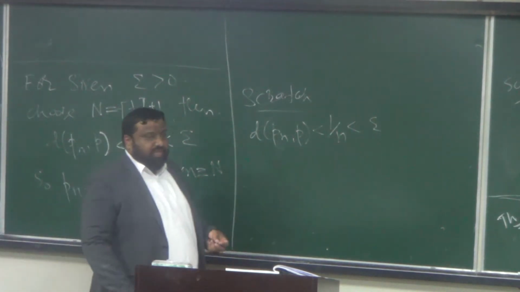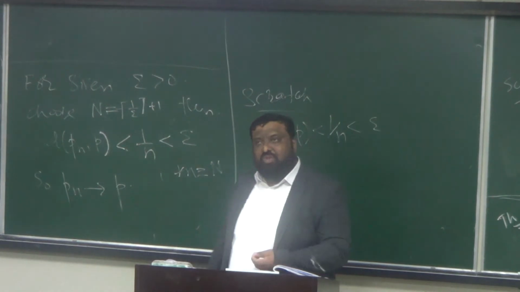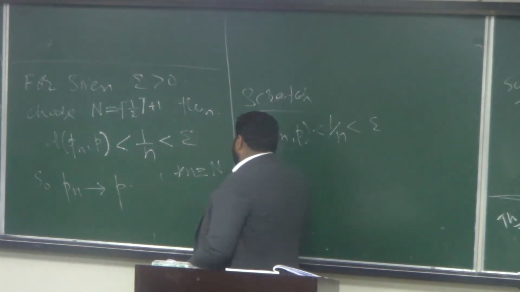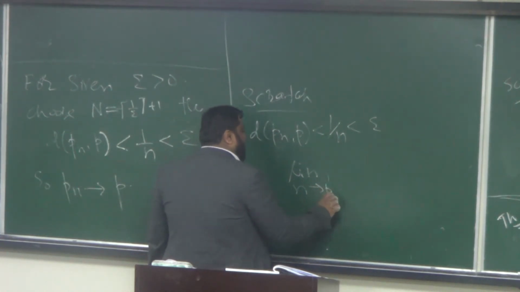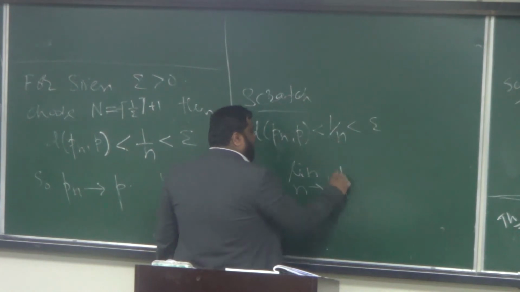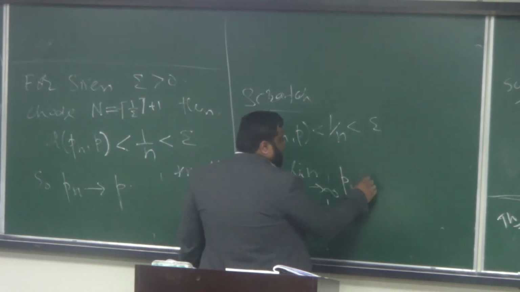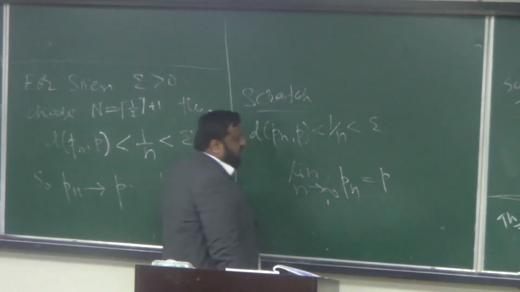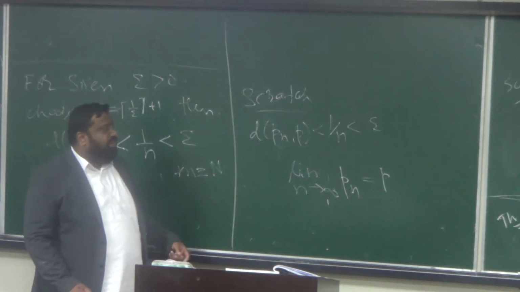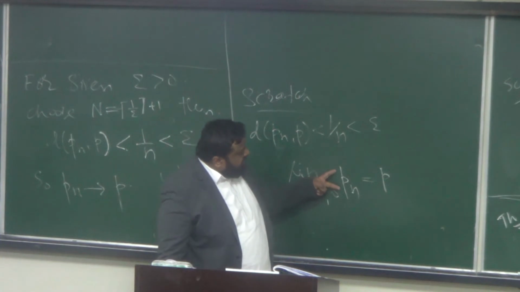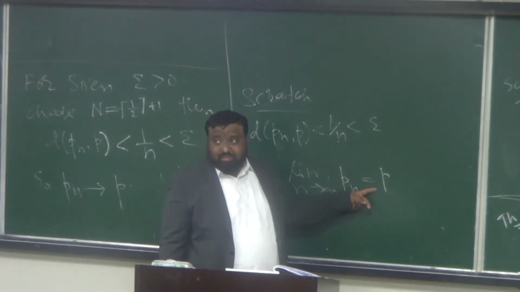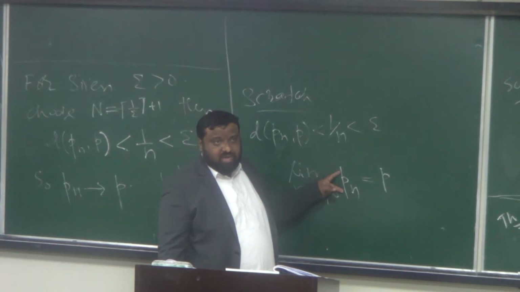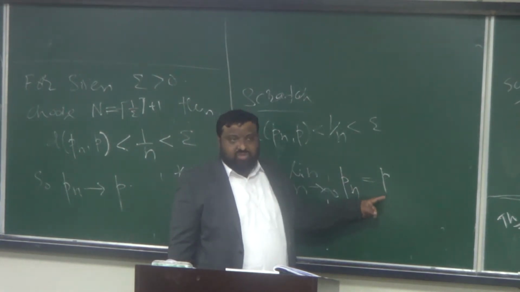The other way to interpret it is that when I say the limit as n approaches infinity of Pn is P, this actually means that using Pn, I can construct P.